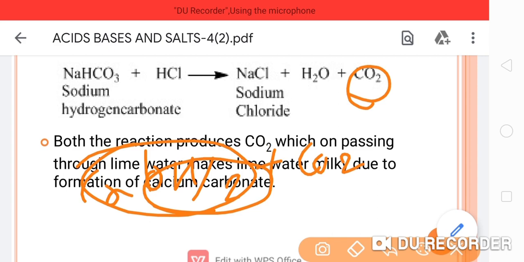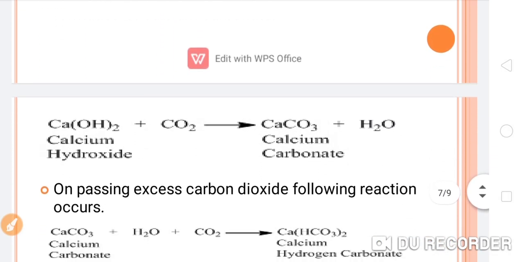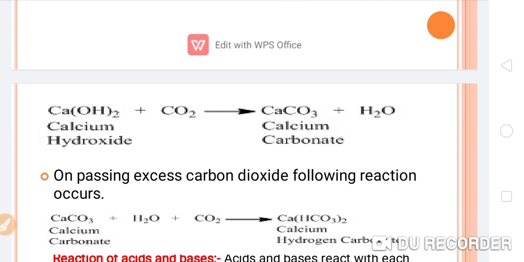Why? Due to the formation of calcium carbonate. Is it clear? You can see in this equation calcium hydroxide solution is reacting with carbon dioxide gas and converting into calcium carbonate and water. So this is the example.